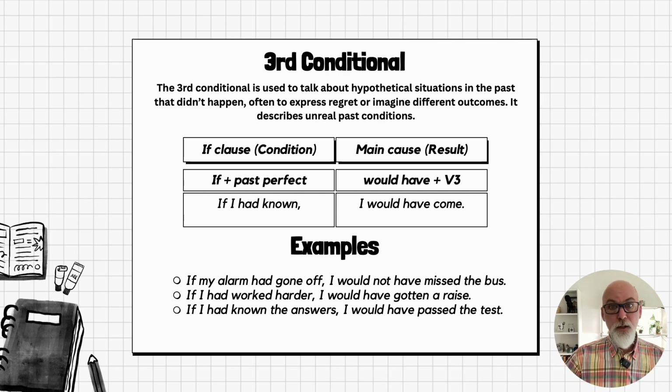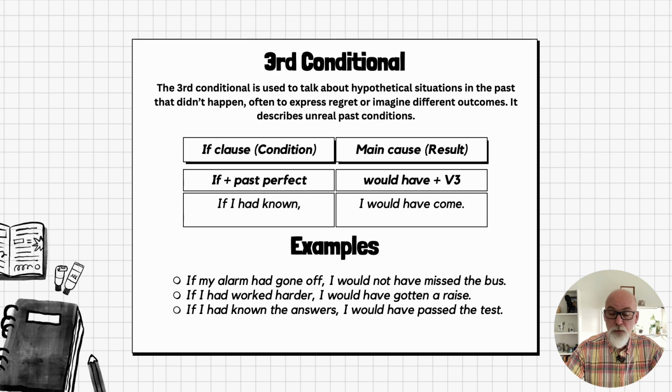Verb 3, that's the past participle verb. This is getting up there in the grammar. Past perfect: had plus verb 3. If I had known, I would have come. Come, came, verb 3, come, right?